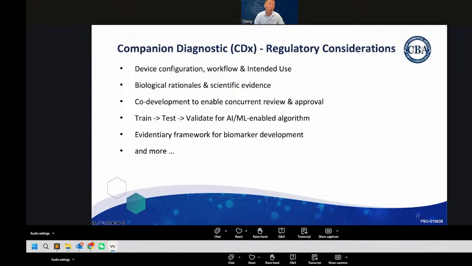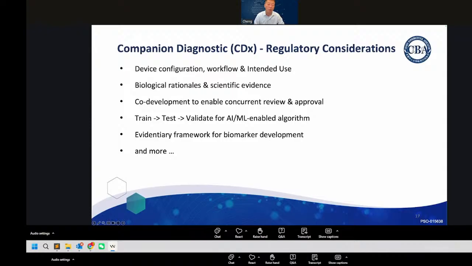FDA will need to understand how the device works, for example, what the device configuration is, what the clinical workflow is, and what the intended use is. For the biomarker, sometimes it could be a traditional biomarker, but often when we are using computational pathology, a novel biomarker could be generated. Whenever FDA considers a novel biomarker, the sponsor is supposed to provide a very clear biological rationale and scientific evidence to support the use of the biomarker.